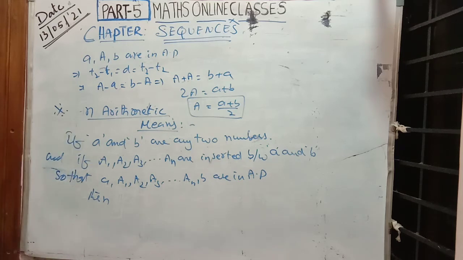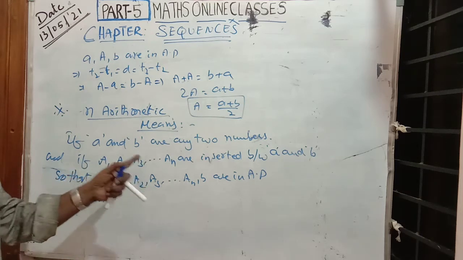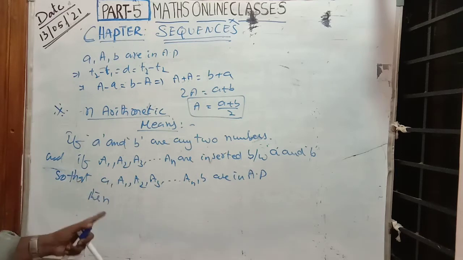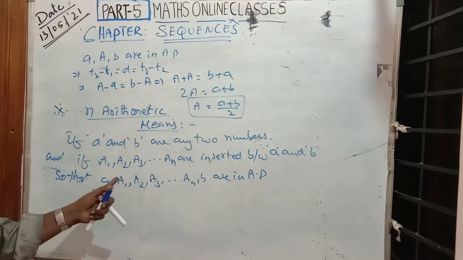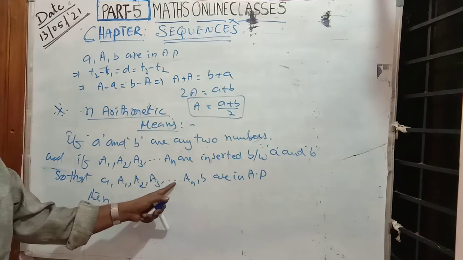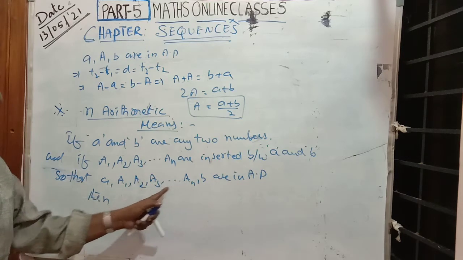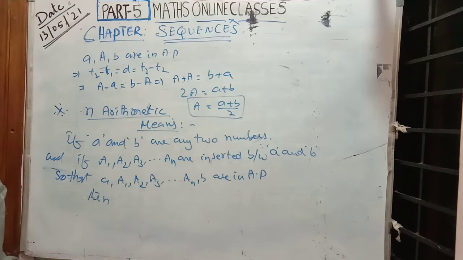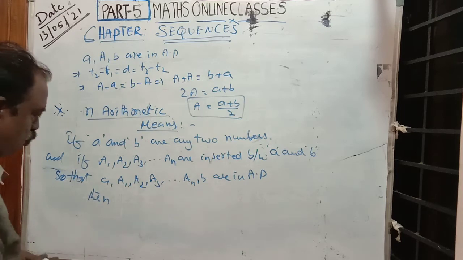But for n arithmetic means, n numbers, 1, 2, 3, 4, 5 up to n terms, are inserted between small a and small b. Then what happened? We will see it.